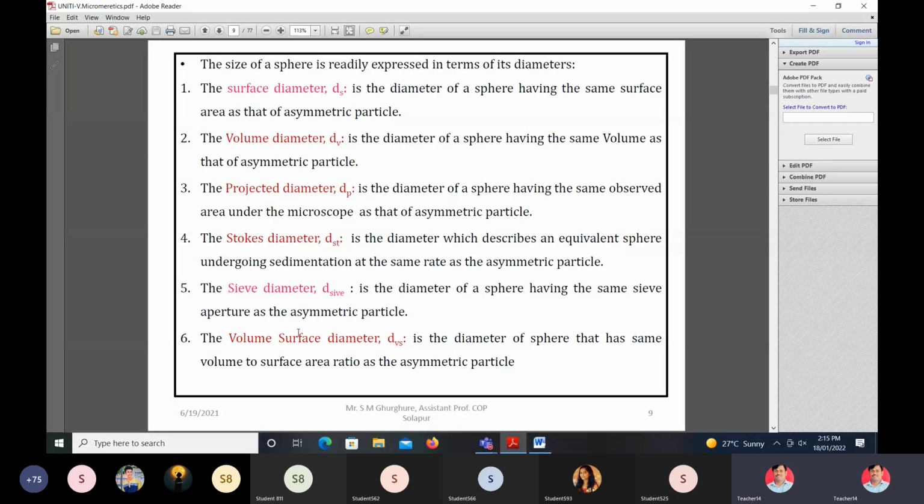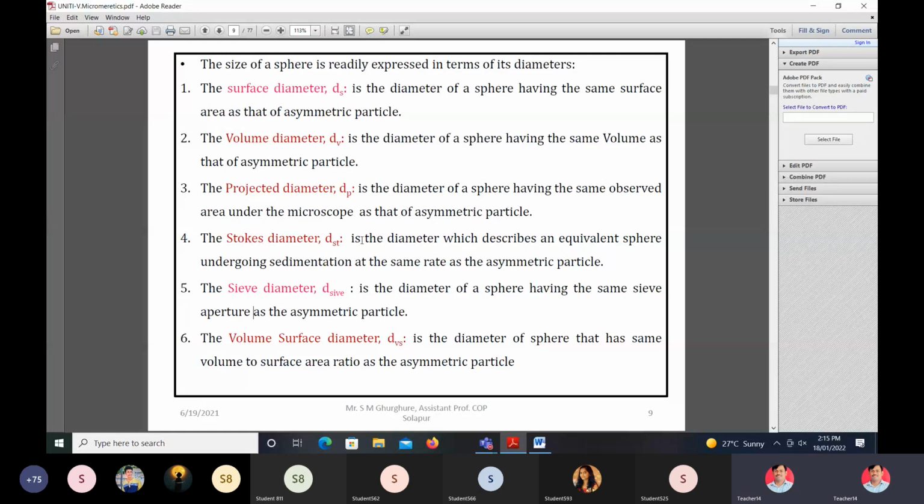The next, the surface volume diameter, is the diameter of the sphere that has the same volume to surface area ratio as the asymmetric particle.